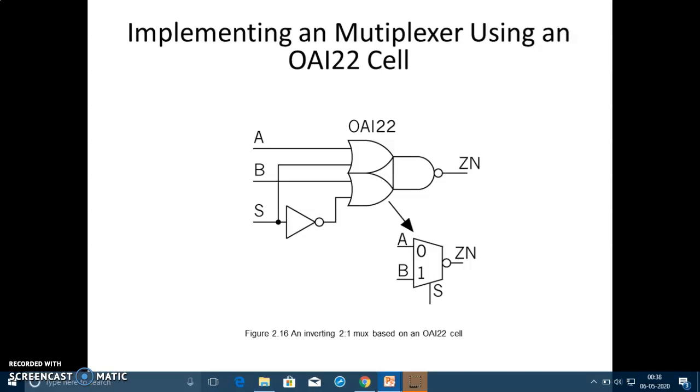We already discussed the example. Here we can see the inverter logic and diagrams implementing a multiplexer, A bar S plus B into S. In the multiplexer we get scaling: inverter scaling, device scaling, like that. Scaling is also an important question.